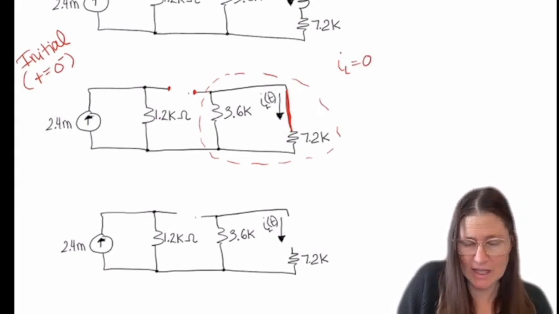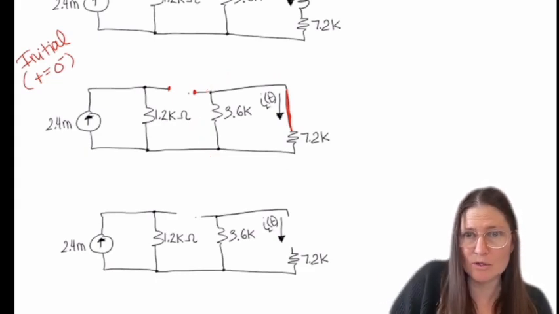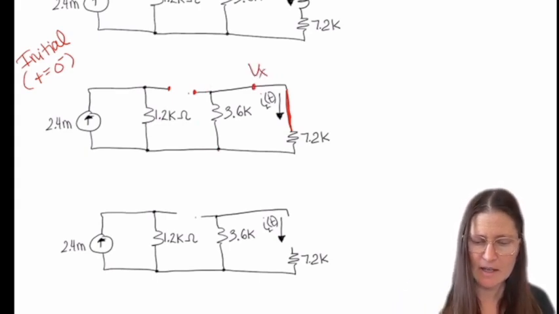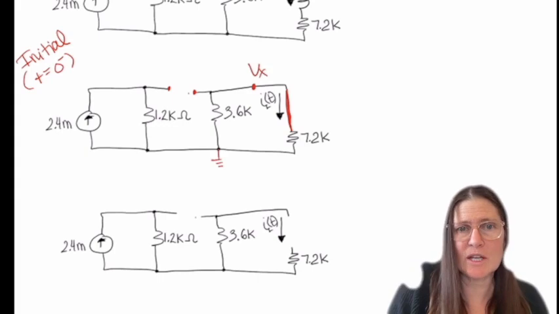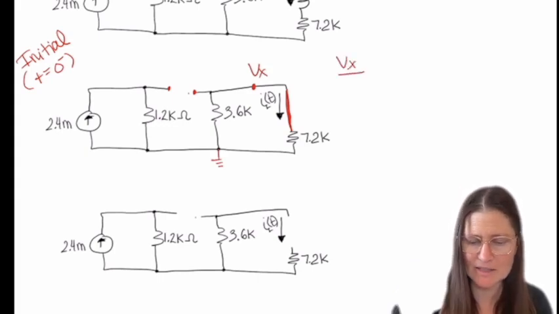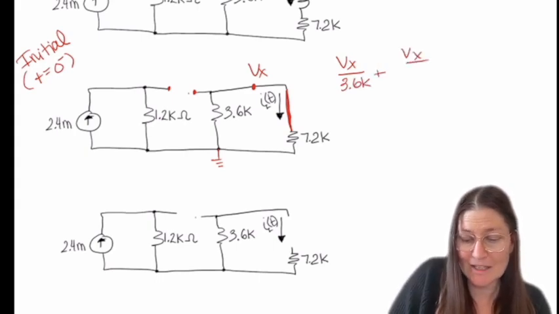But if you don't see that, you can put an unknown node at the top of this, which I could label Vx, and determine my ground, which will be there, and then I can do node voltage. It would be Vx minus 0 over 3.6k plus Vx minus 0 over 7.2k.